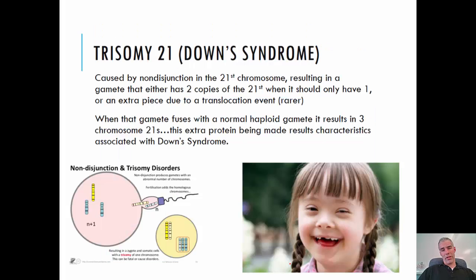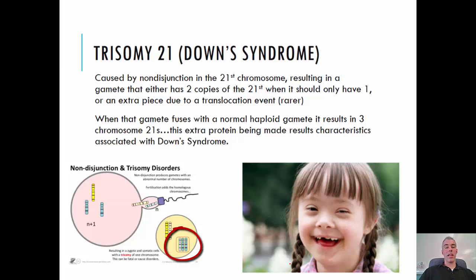So one example of a non-disjunction event is Down syndrome, and that happens when there's non-disjunction in the 21st chromosome, and that results in a gamete that has 2 copies of the 21st chromosome when it should only have 1, or an extra piece of that chromosome because of a translocation event or something like that. And then when the diploid gamete fuses with a normal haploid gamete, it results in 3 chromosome 21s, hence trisomy 21.